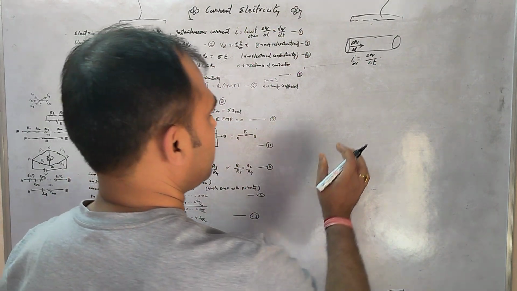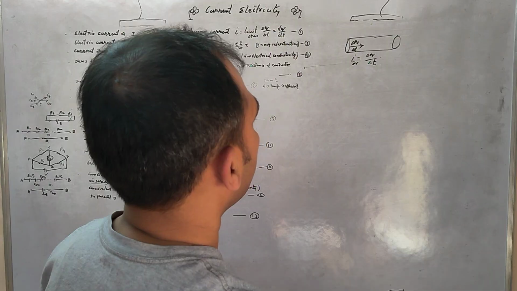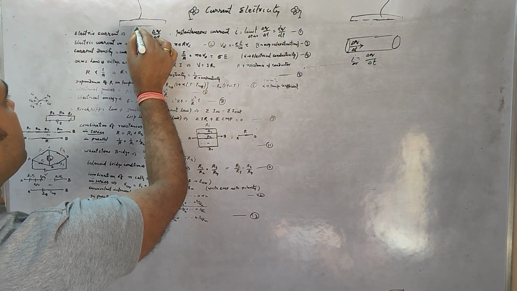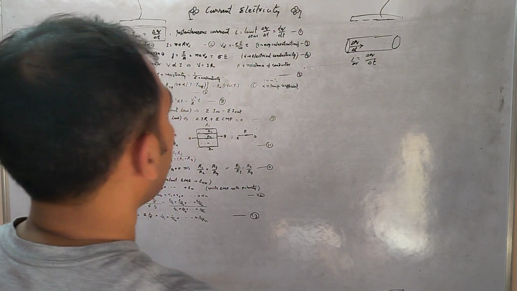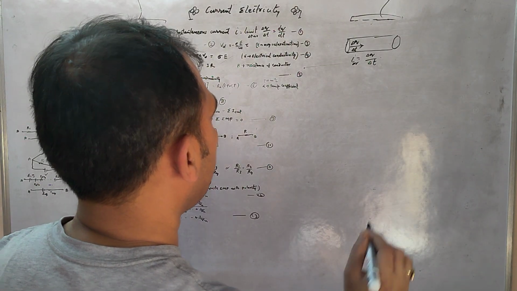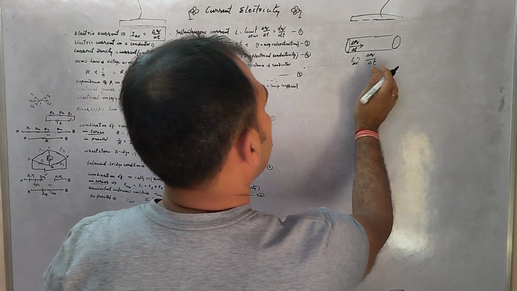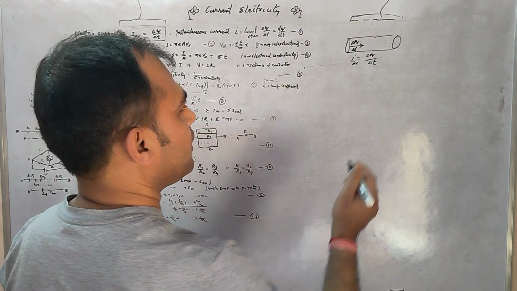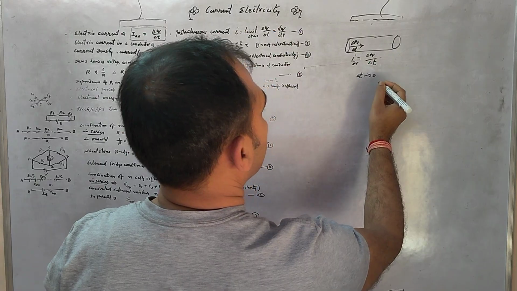So rate of charge flow can be given as I average equals delta q by delta t. Now if we have to find instantaneous current at any particular point of time, then we will take this delta t very small, infinitesimally small, that is delta t tending to 0.